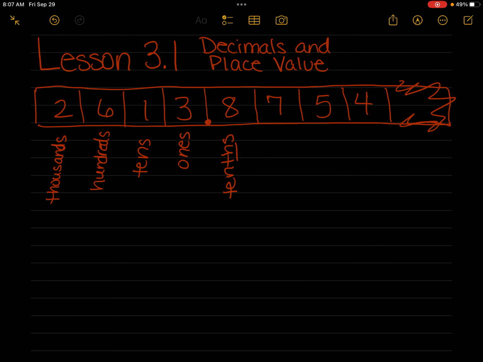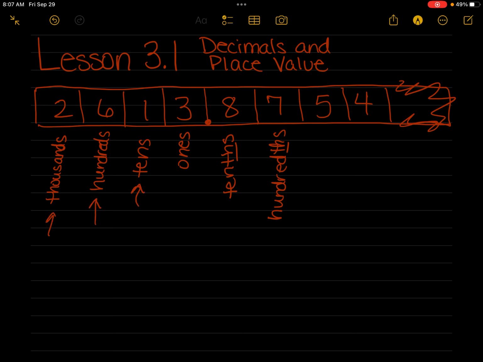Okay, and then the next place right after the tenths is the same as the one that's to the left of the tens place, and that's hundredths. So we're going to write hundredths. Remember, again, it has TH on it. Okay, and after that, over here we had tens and we had hundreds.